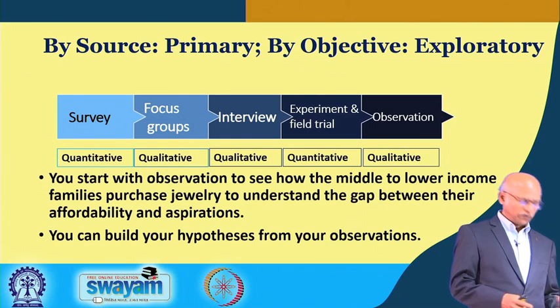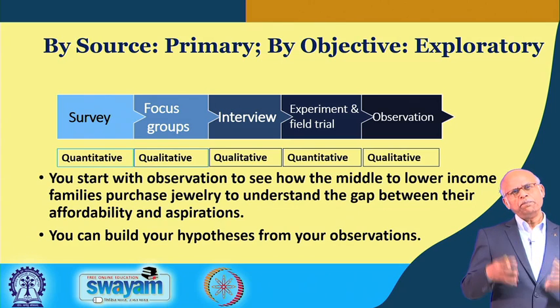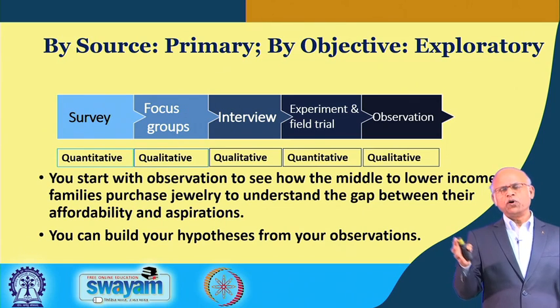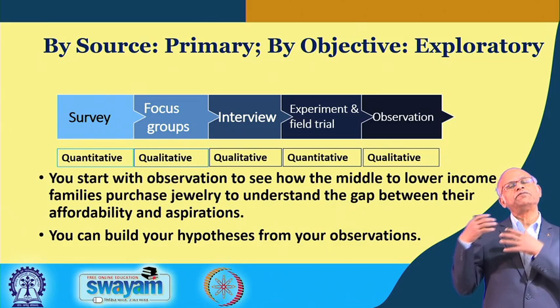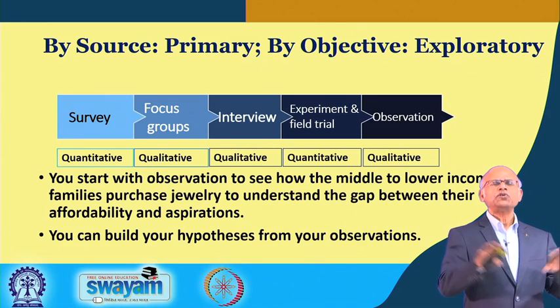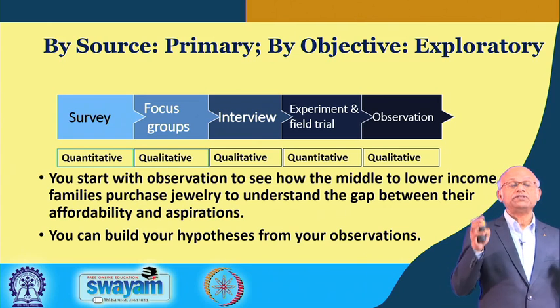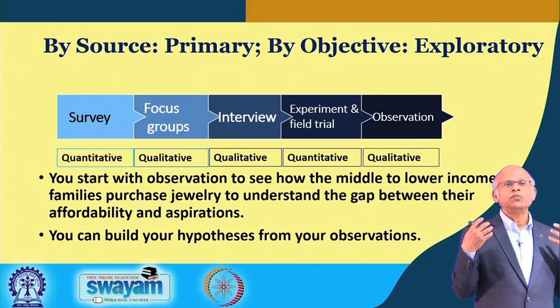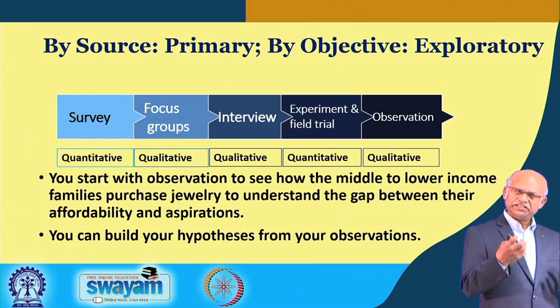So, you start with observation, to see whether this really makes sense, whether this will really make people happy, or whether they can afford high value jewelry. You just observe; maybe you visit some marriages or festivities, and you just watch people. That is just observation, and you get an initial idea.